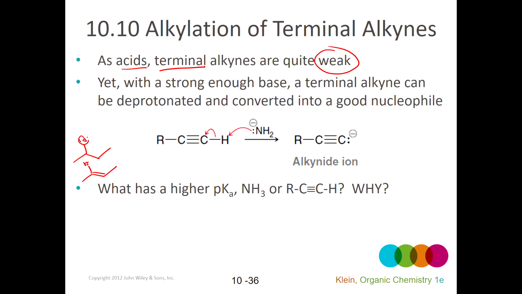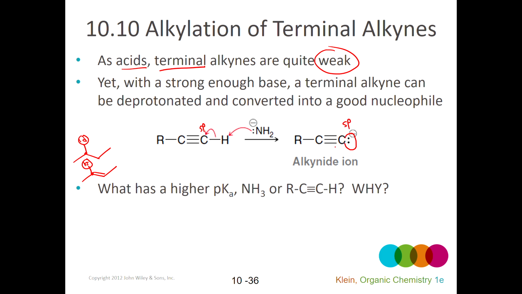These hydrogens are almost impossible to remove because the negative charge that would result on the carbon is extremely unstable. But the hydrogen on an sp hybridized carbon that's involved in a triple bond can be picked off by a base because the negative charge is stabilized fairly well in a more compact orbital.